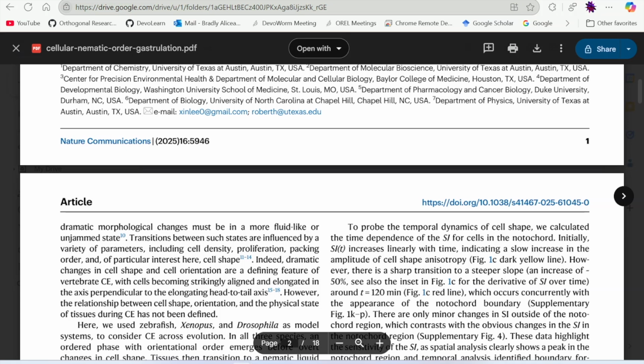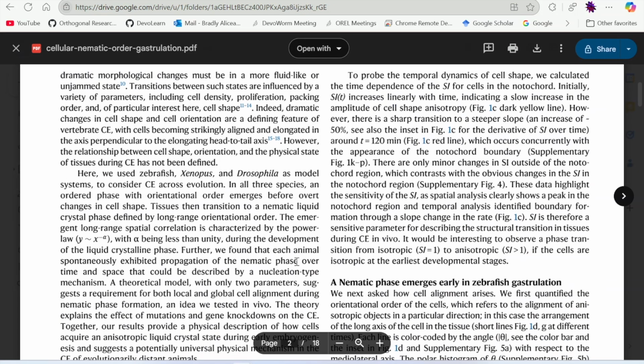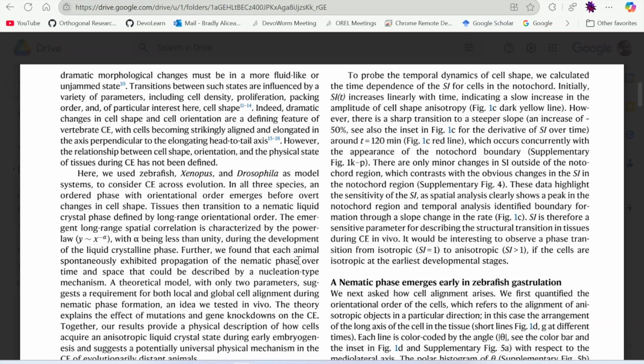So sometimes, development will proceed by having an unjammed state where cells can migrate, and then a jammed state where cells are stuck and in stasis, and then it transitions back to an unjammed state where cells are free to migrate again. And this is all governed by some sort of density. So if you reach a critical value of density, if the cells become dense enough, they freeze up in these states. And so this is what they're getting at in development.